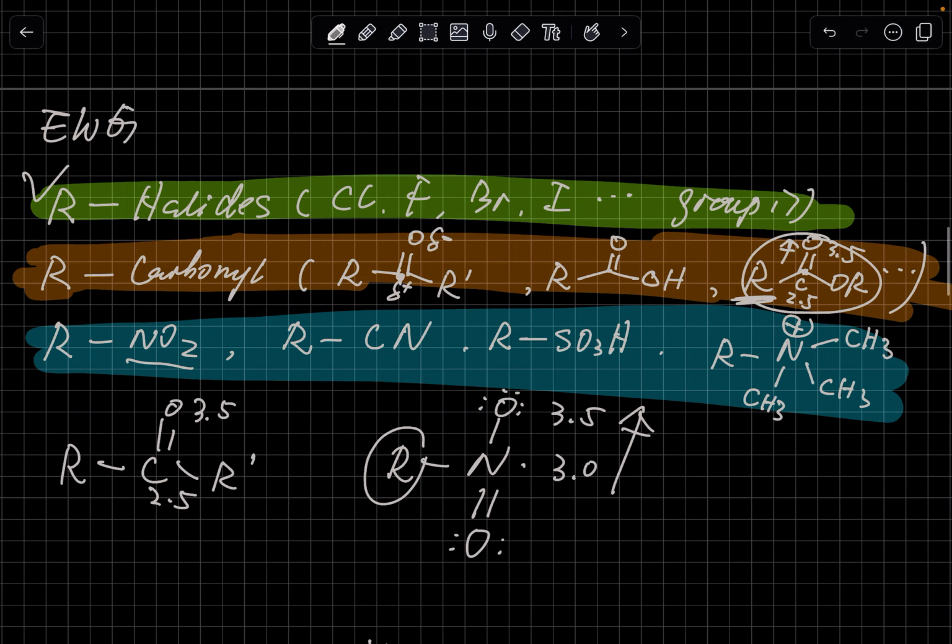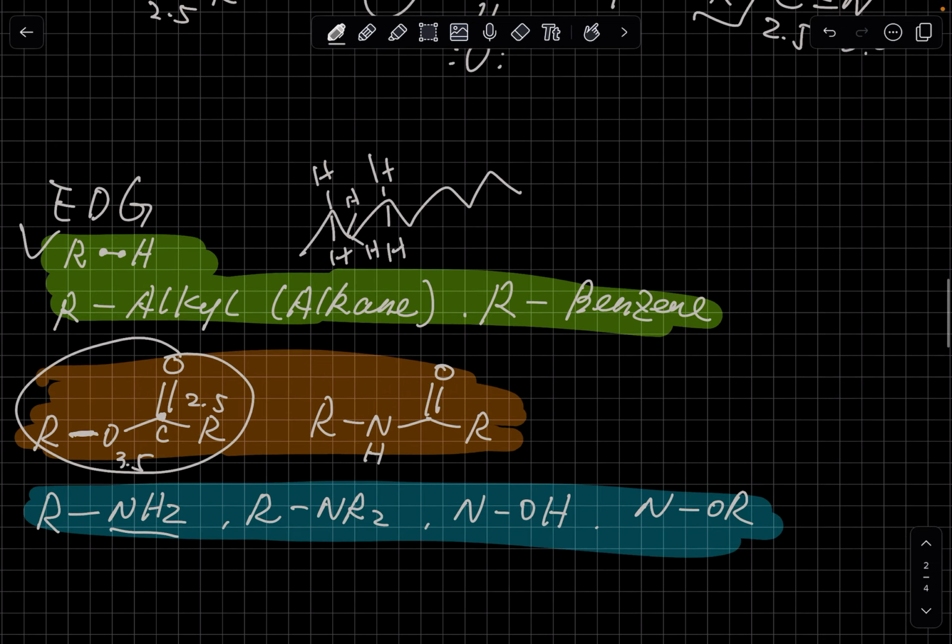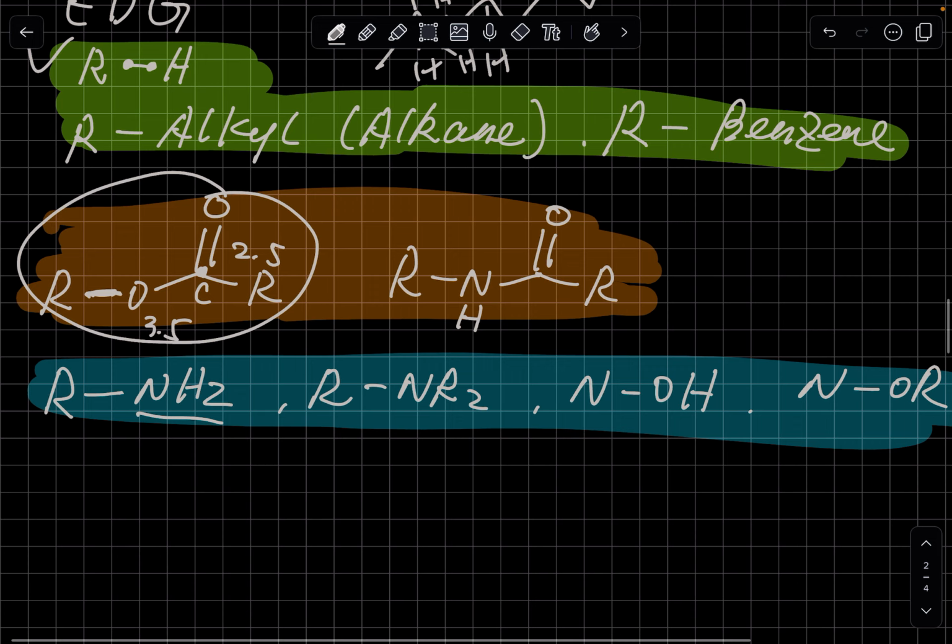So let's do another example. This R is connected to carbon and then nitrogen, right? So carbon is 2.5 again, nitrogen is 3.0. See, nitrogen is winning the race. So carbon's like, okay, I'm going to withdraw from the R. Let's do one more example: this R and then the NH2, right?